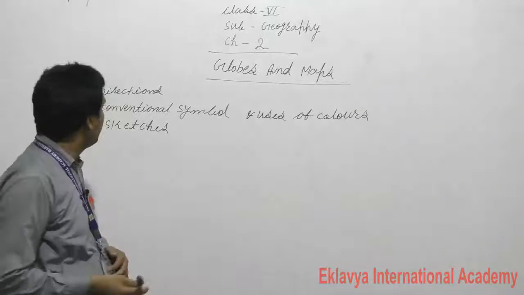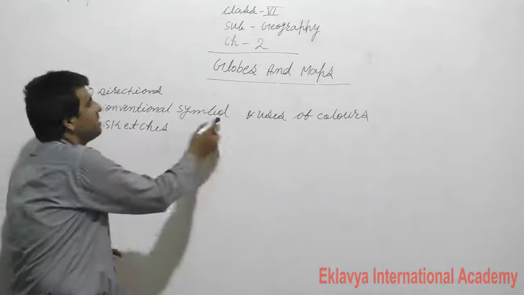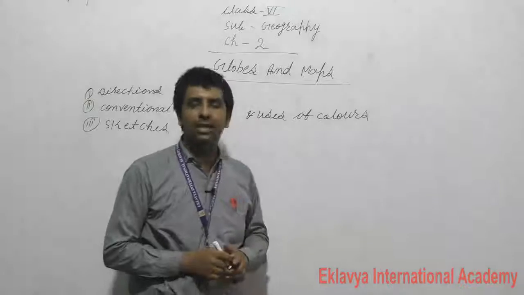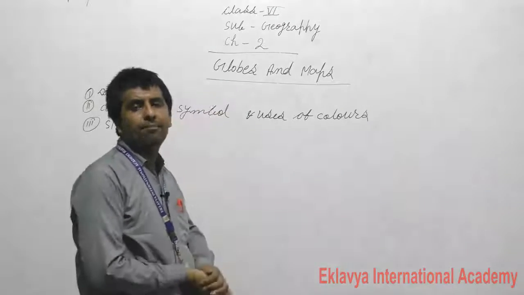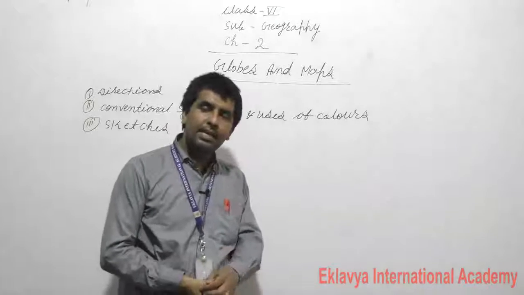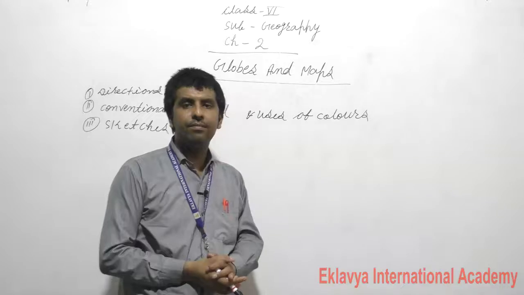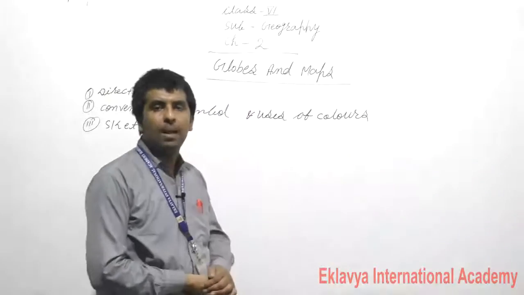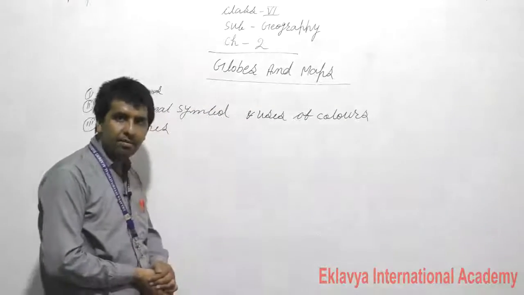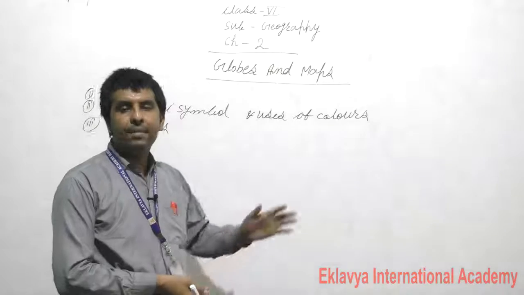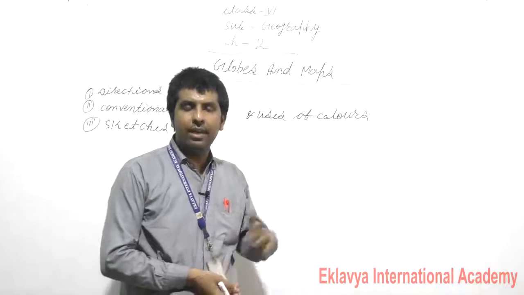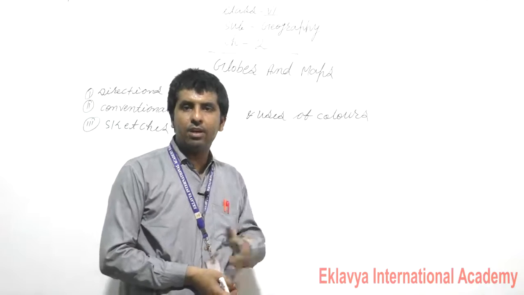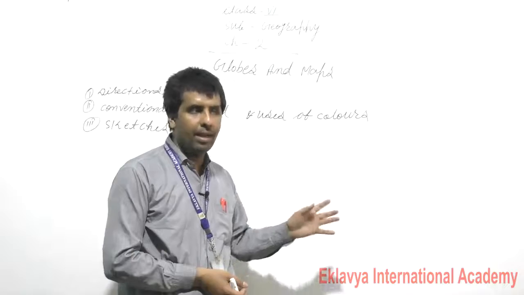Understand? Now, second, conventional symbols and uses of colors. Firstly, conventional symbols have a main role in finding the boundaries of any country, finding where the post office is, where the school is, like this.